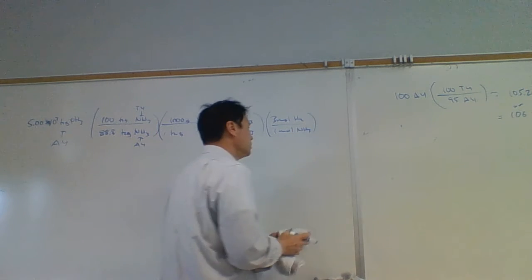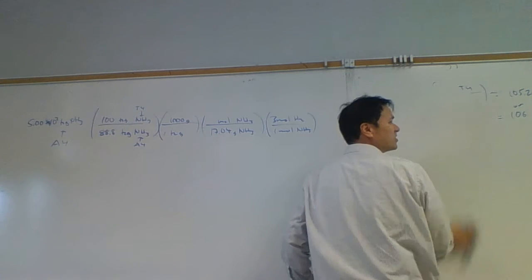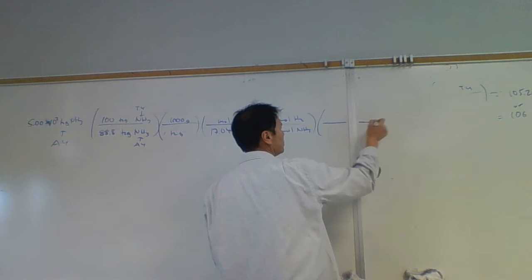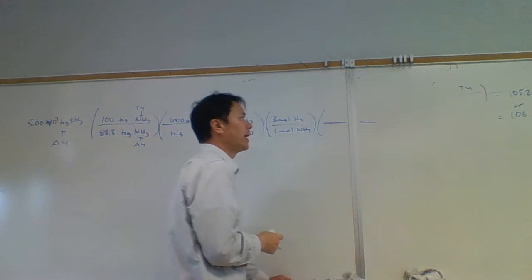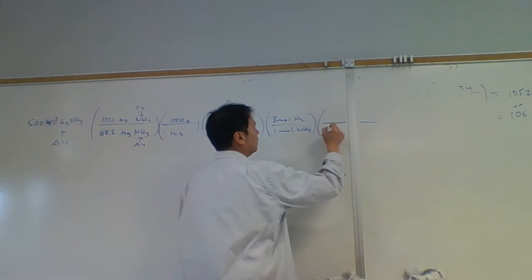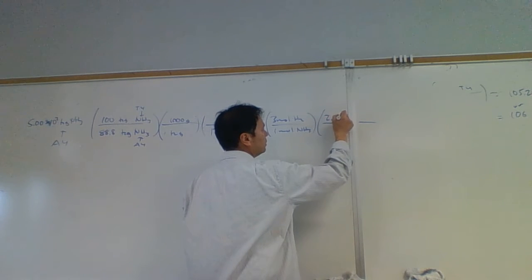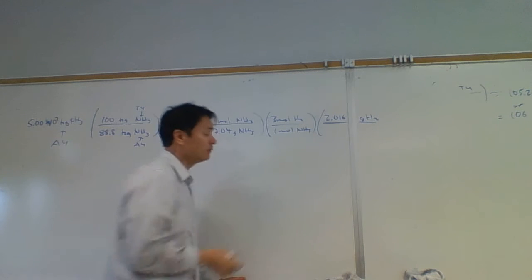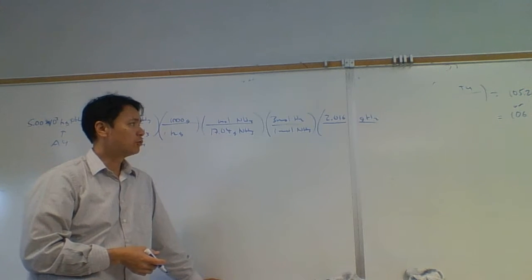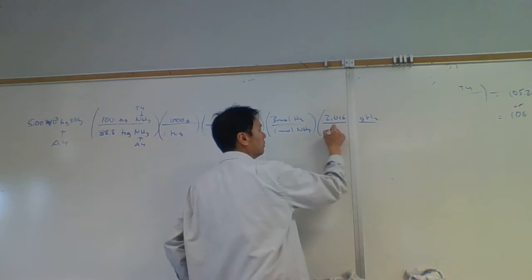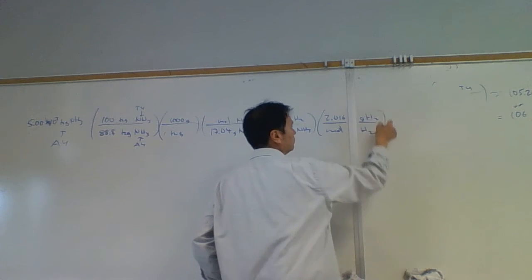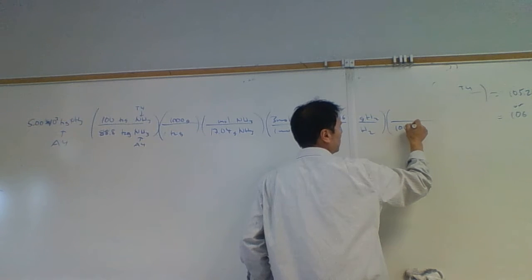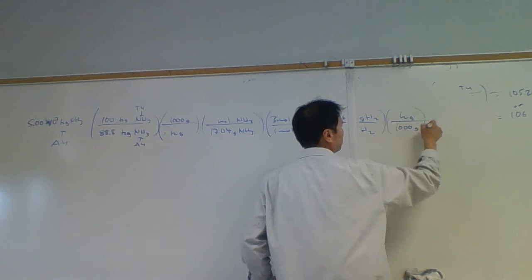And then we're going to figure out how many grams, or actually kilograms, since we're dealing with kilograms here. So for hydrogen, I'm going to use 1.008, so this is going to give me 2.016 grams of H2 per mole of H2. I use 1.008 rather than 1.01 to get 4 sig figs. And then we'll convert it to kilograms, 1,000 grams per kilogram.